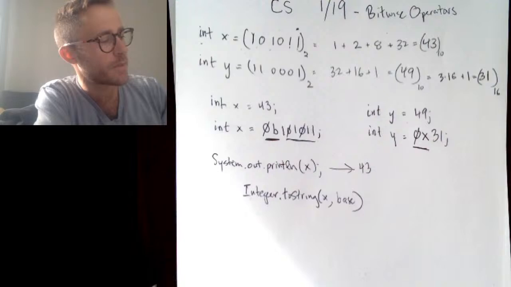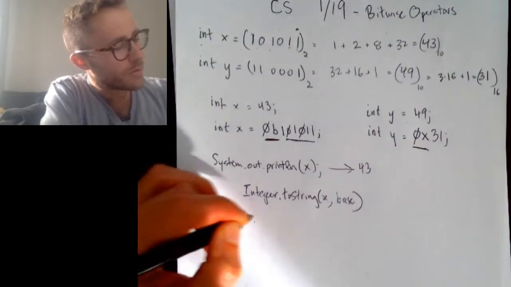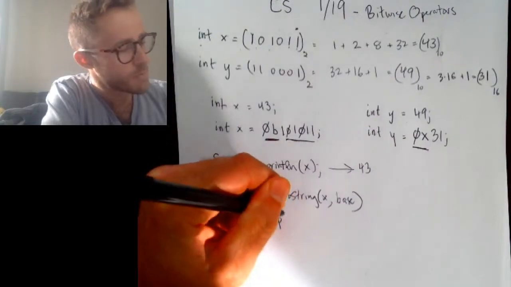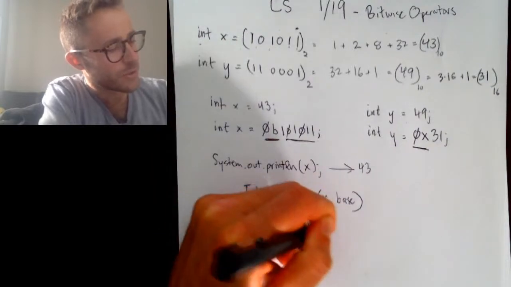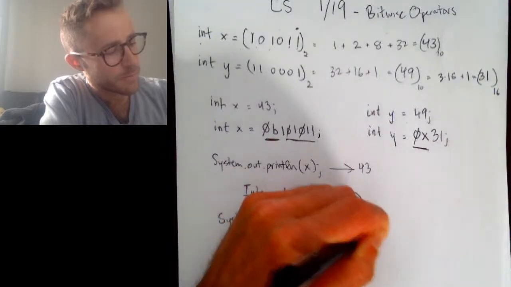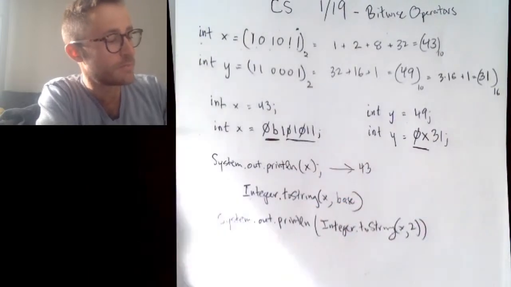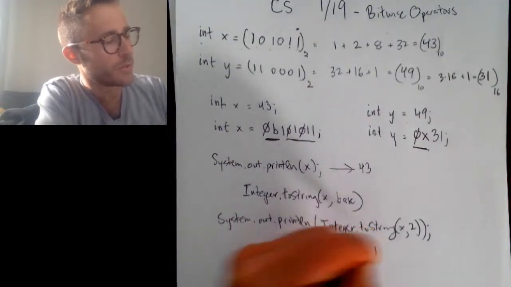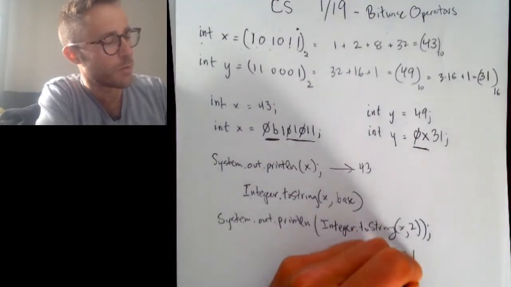So if I did System.out.println(Integer.toString(x, 2)), then what that is going to print to the terminal is 1, 0, 1, 0, 1, 1.